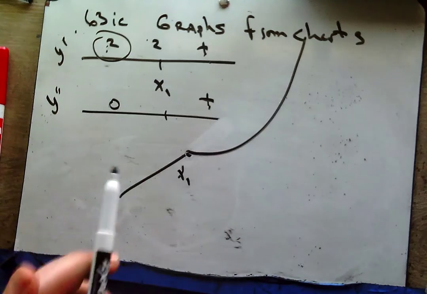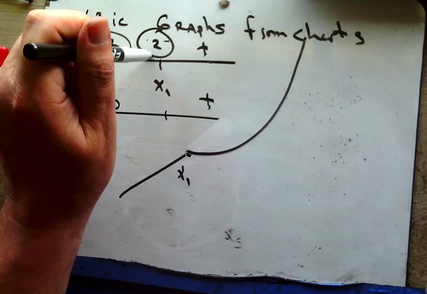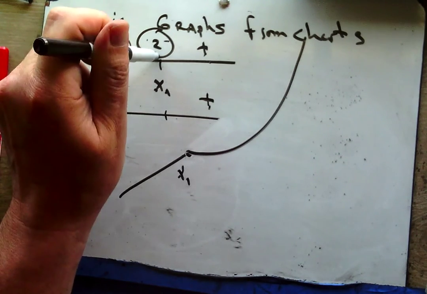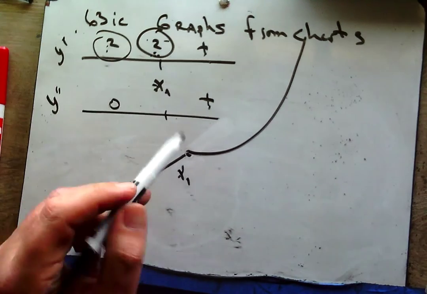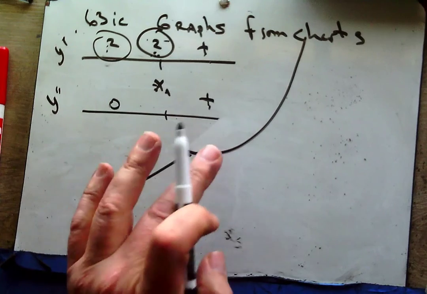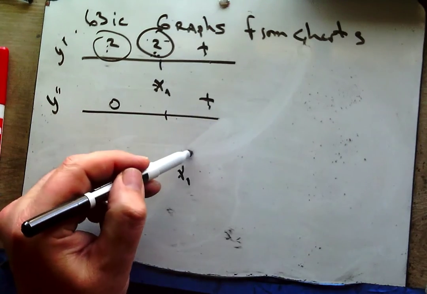Now, see this? The slope at x sub 1 is 2. In order for the slope to be 2 at x sub 1, that means the slope on this side has to be 2, but it also means the slope on the other side has to be 2.